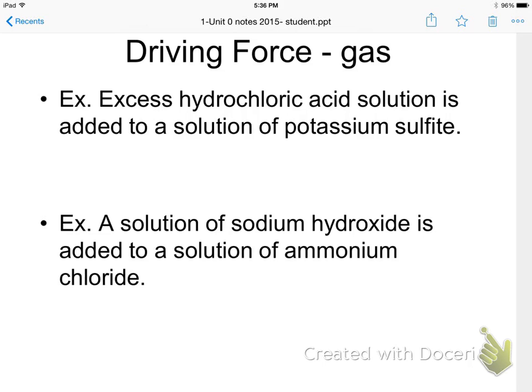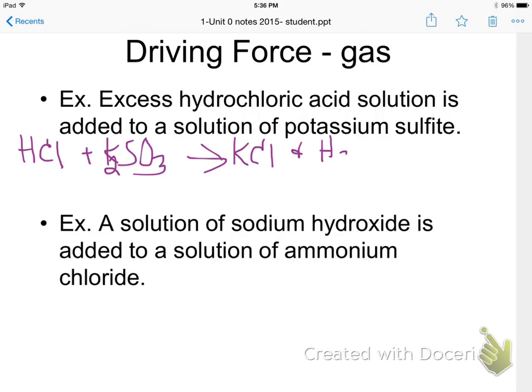Okay, so let's take a look at this. I have excess HCl added to a solution of potassium sulfite. This is where this kind of thing might show up. That's a sulfite, so I need two of those. So I get KCl, but I also get H2SO3. Okay?